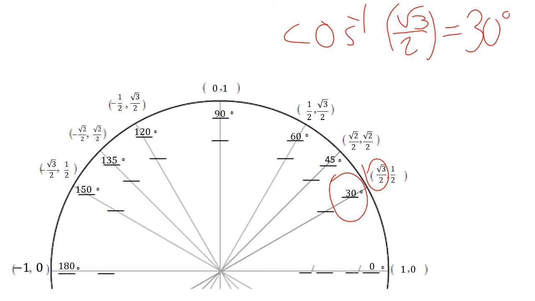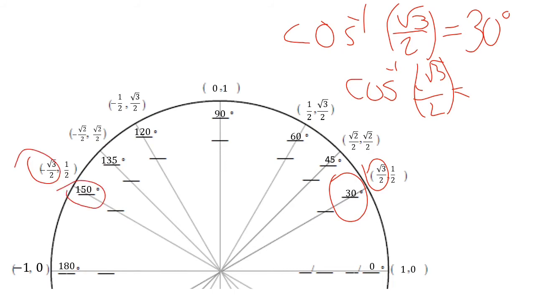If I was to get arc cosine of -√3/2, this is not like sine where I can just put -30. I will find it over here with 150 degrees. So my answer is going to be a positive 150. All right. And cosine is unique like that.